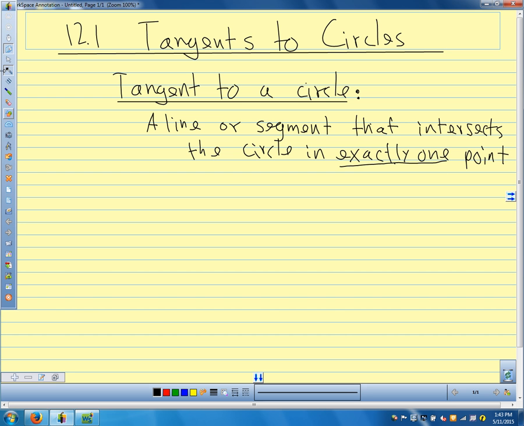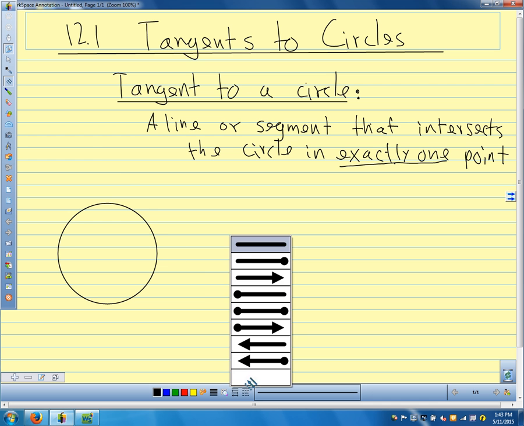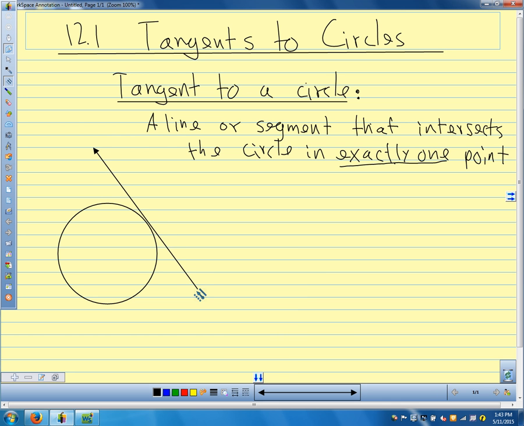So if we draw a picture of a tangent, what we're looking at is something like this, and it touches the circle in just one point. We call that point the point of tangency, or the tangent point.